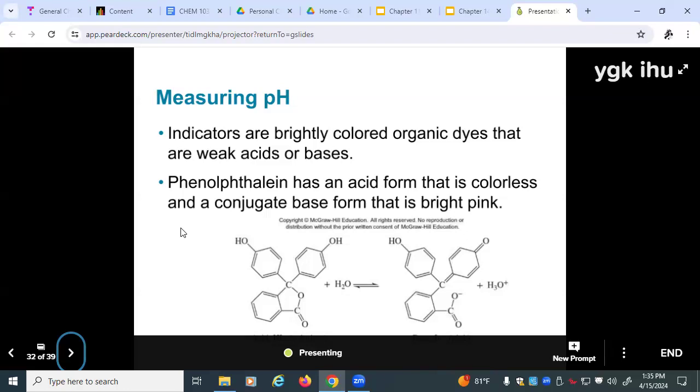It's kind of an in-between state. Colorless is acid, base is magenta bright pink, and the midpoint of that titration is a rose color. Just a very soft pink. And that gives us an idea of when we're doing a titration, how far that titration actually needs to go.